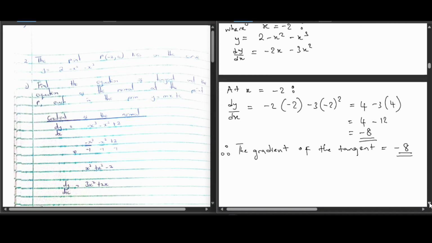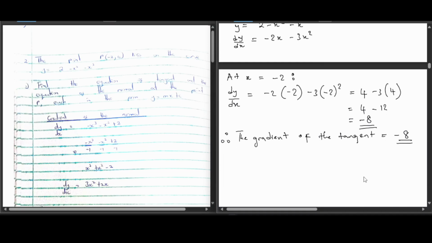So we go back to coordinate geometry, which we learned earlier, where we learned that the gradient of a tangent and normal, and we know that basically these are lines that are perpendicular to each other.